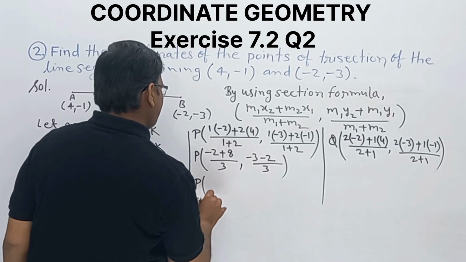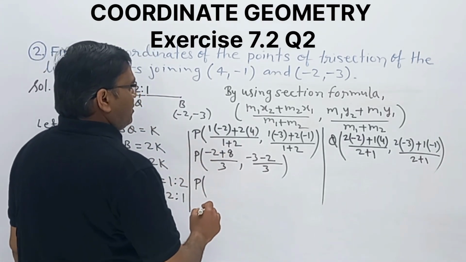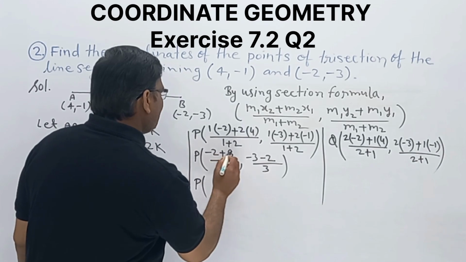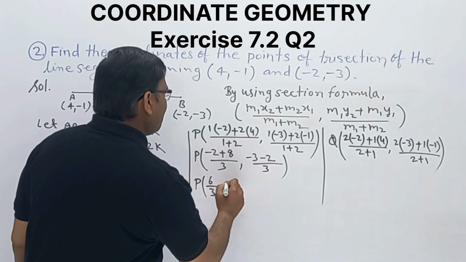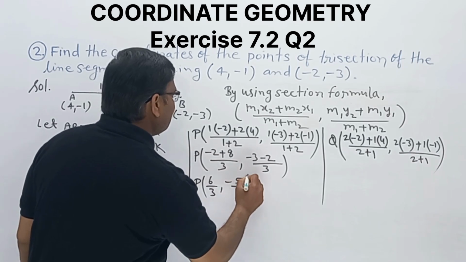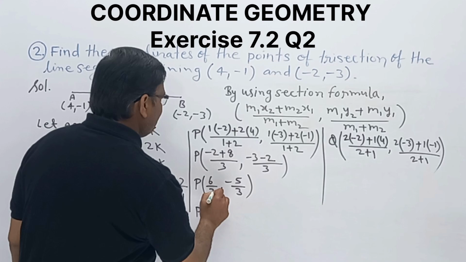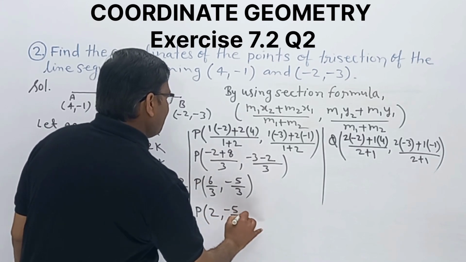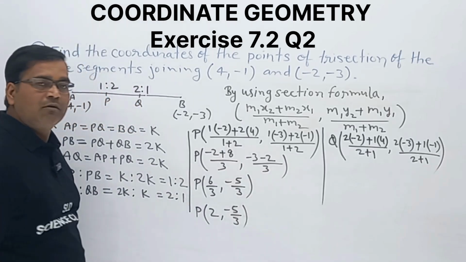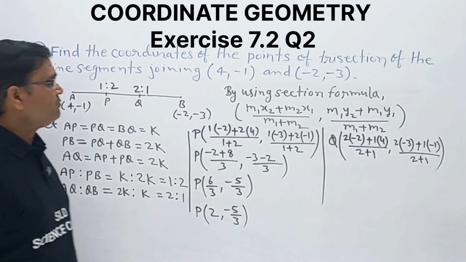So finally, -2 plus 8 is 6, divided by 3, comma, -5 by 3. This can be written as 2, since 3 times 2 is 6. So 2, comma, -5 by 3. These are the coordinates of point P. Clear?